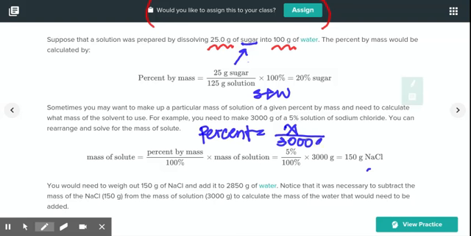And our percentage is 5%. So you still use your equation. However, don't rewrite it like the example right here. Just plug in your numbers. Then you can cross multiply. So x equals 3,000 times 5%.